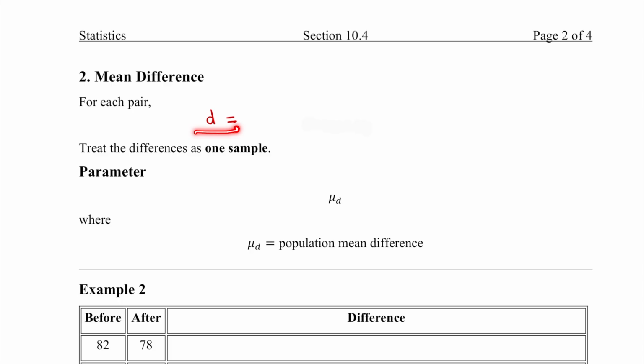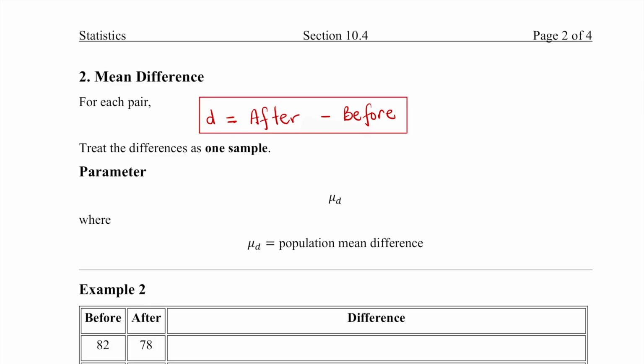So we'll define the difference as the after value minus the before value. Why do I prefer this? Because if something improves after the treatment, tutoring, or program, the difference will be positive. I think that's more intuitive.